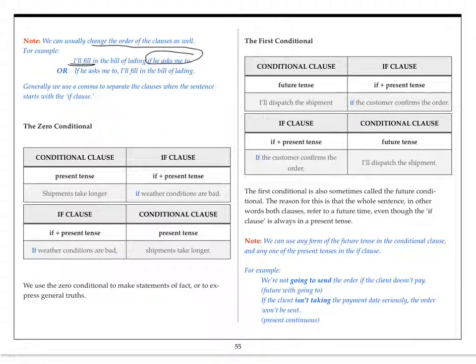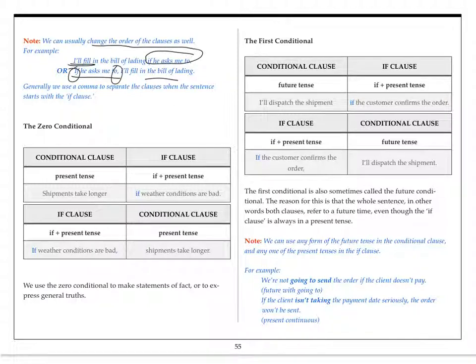Or, if he asks me to, comma, I'll fill in the bill of lading, right? So it's just the other way around. It still makes perfect sense, except that you have the if clause and then the conditional clause with a comma in between. So we use a comma to separate the clauses when the sentence starts with the if clause.